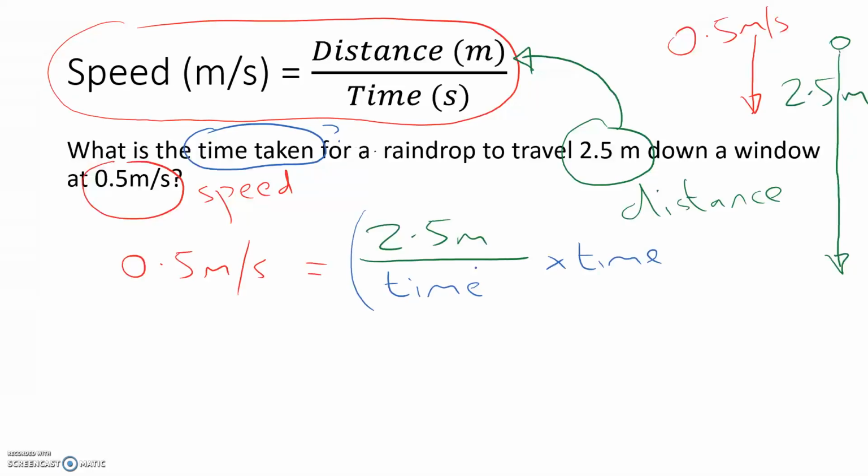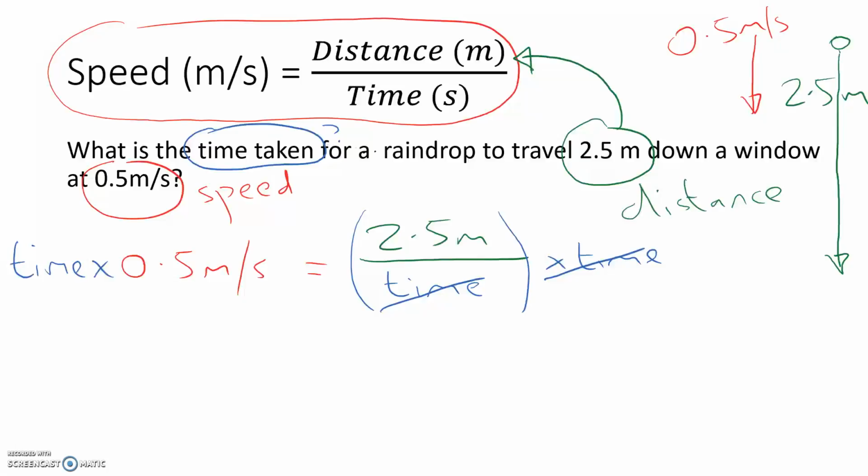So we've got 2.5 meters divided by time, multiplied by the time. Now as soon as I times this side by time, I've got 2.5 times the time divided by the time. But time divided by time just cancels out. So we get rid of the time on that side. But we need to remember we multiplied the right hand side by time. So we need to multiply the left hand side by time.